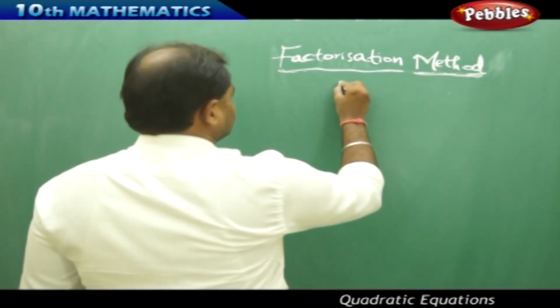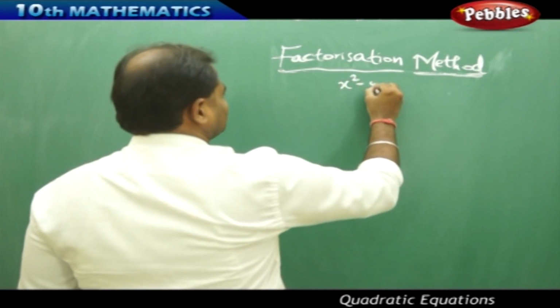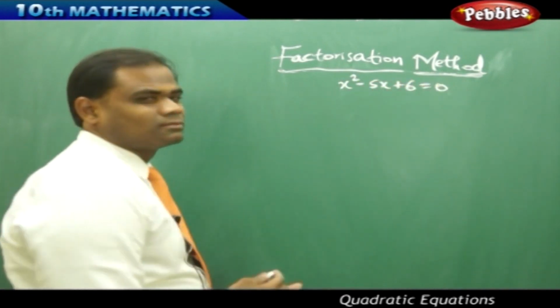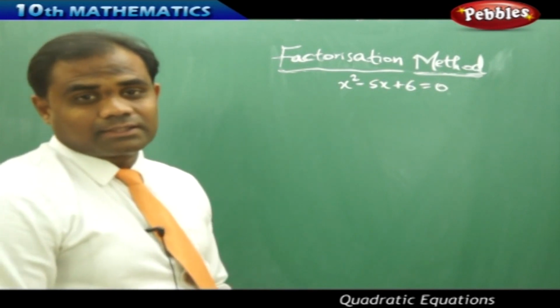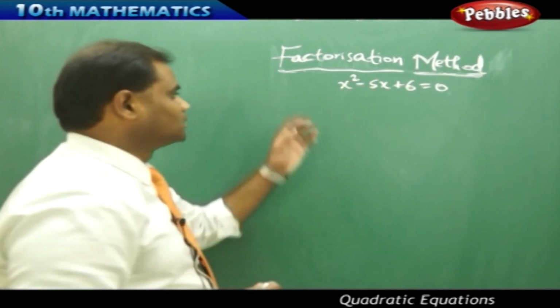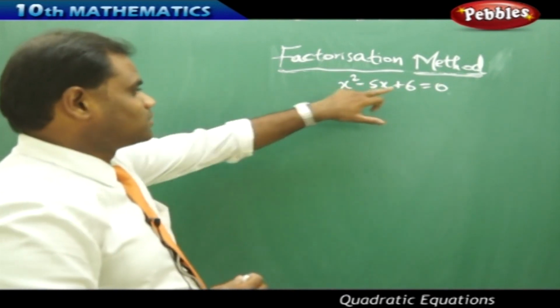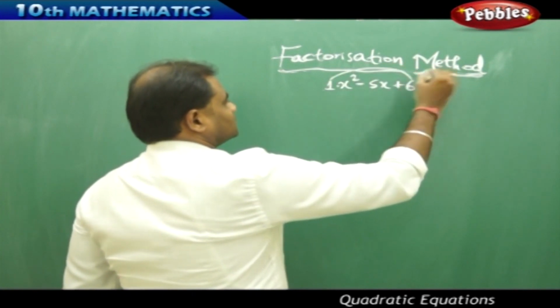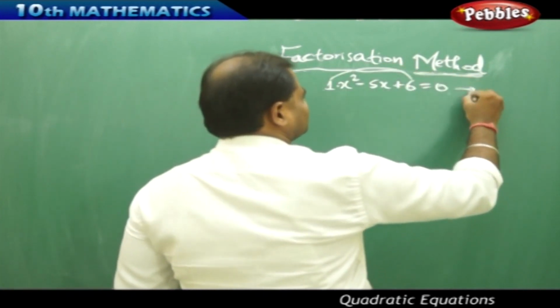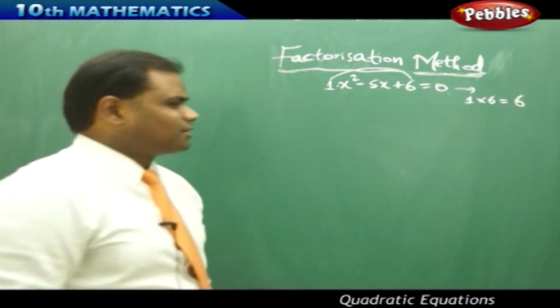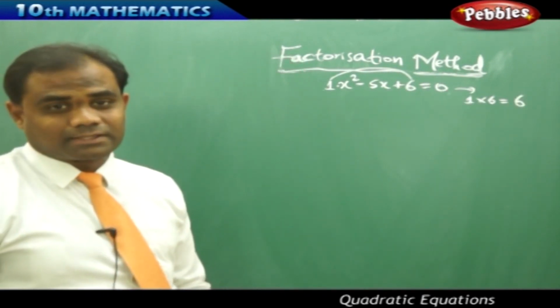For example, I take the quadratic equation x squared minus 5x plus 6 equal to 0. As we know, the factors are obtained from the multiplication of the coefficient of x squared with the constant, that is, 1 into 6 is 6. Then I find all the possible factors of 6.